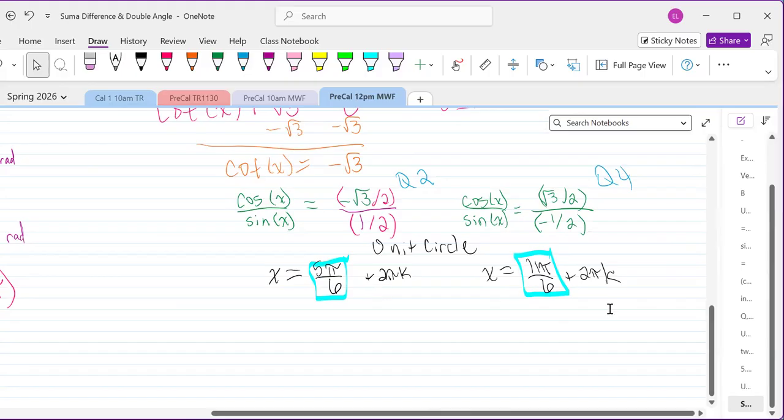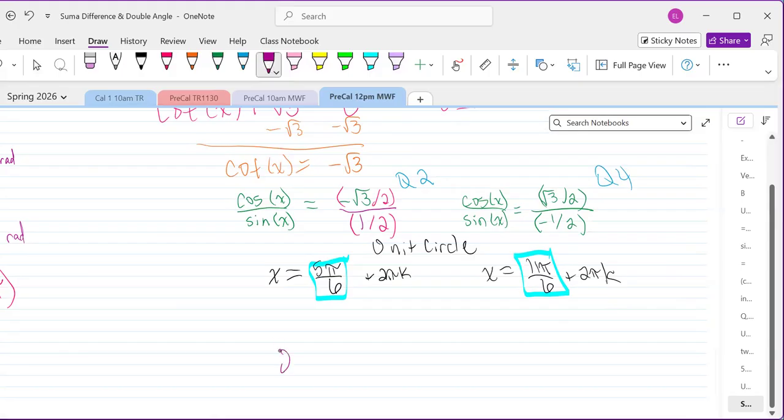So those happen when you have like 2x equals pi over 3 and 2x equals 2 pi over 3, with the plus 2 pi k. This is when you look up the two locations on the unit circle, you can get something like this.